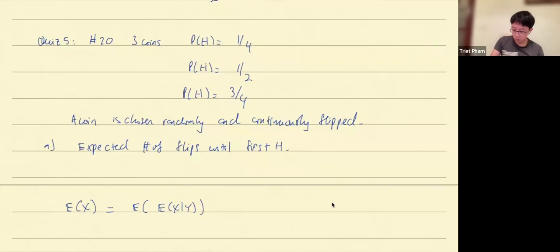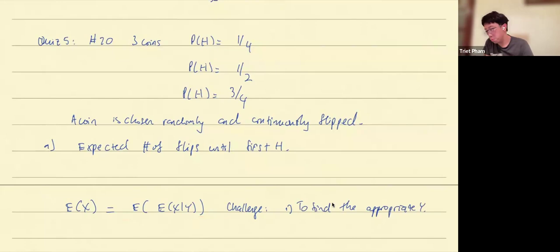The challenge is twofold. The first one is to find the appropriate y. Because this formula is universally true.